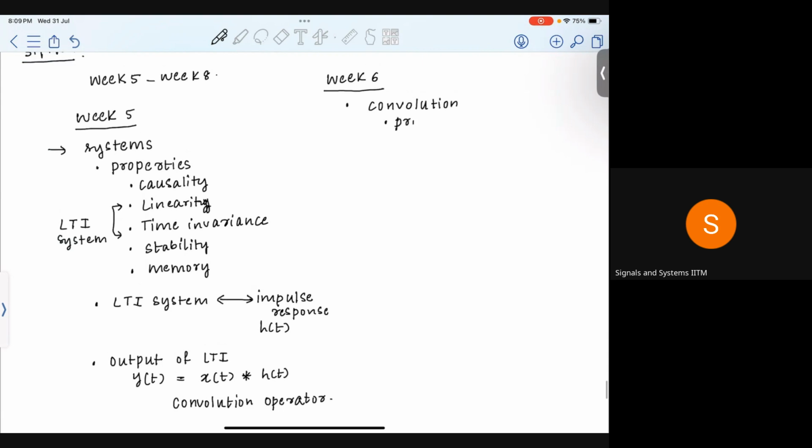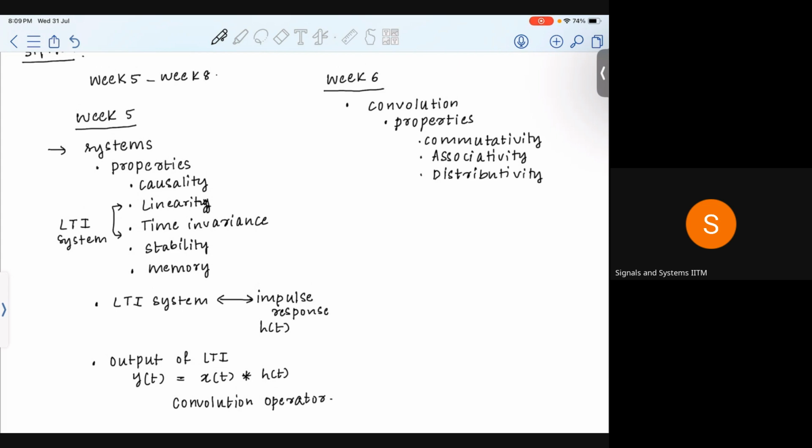Specifically, we have seen the properties of this convolution operator, like commutativity, associativity, distributivity, right?